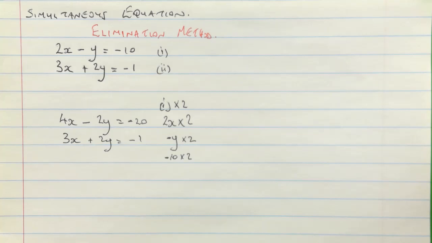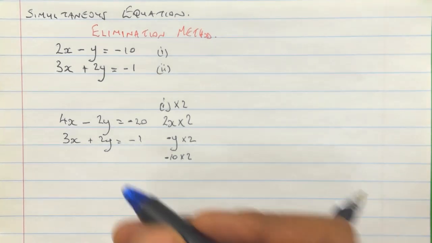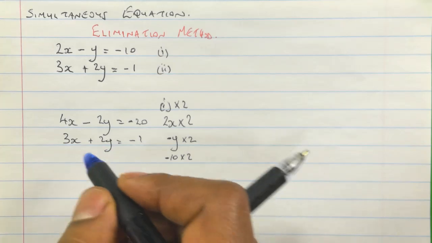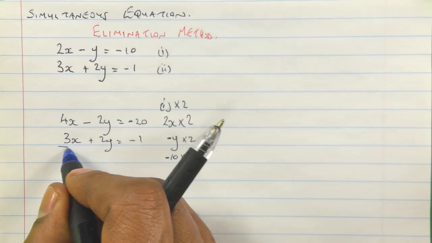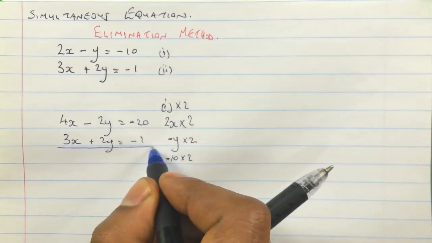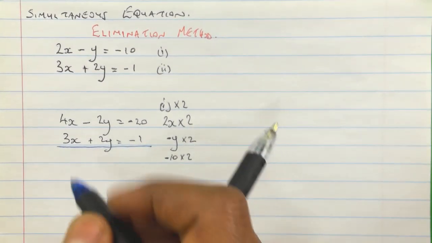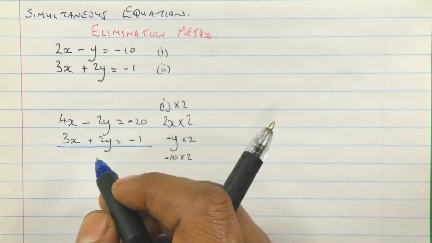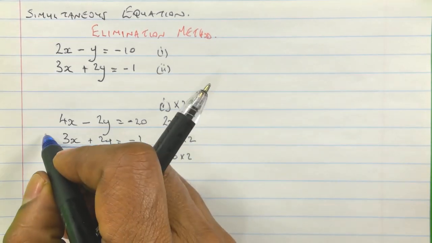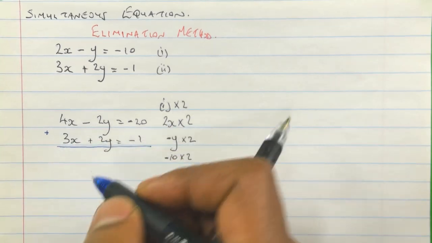Then now I can eliminate. I can make the other one disappear. So how am I going to do this? Do I subtract or do I add? If I subtract, this one will be negative. So I am not going to subtract. I'm going to add.